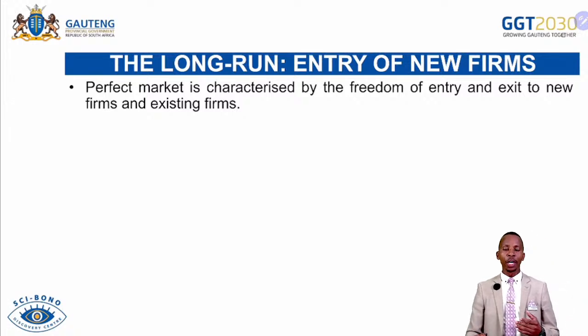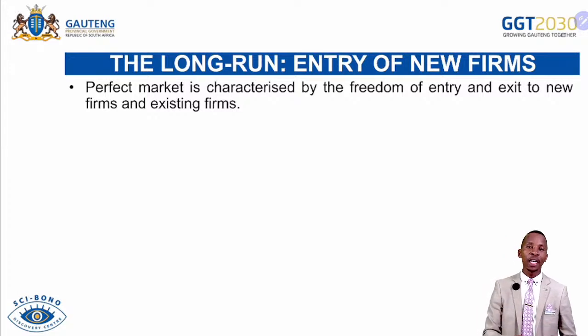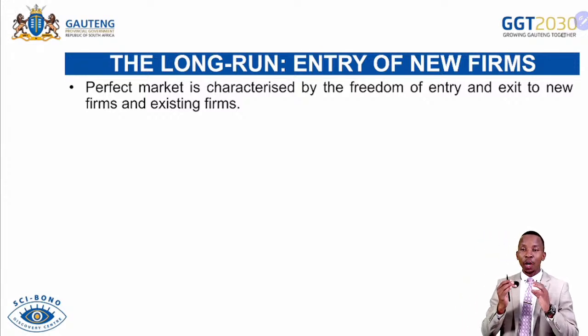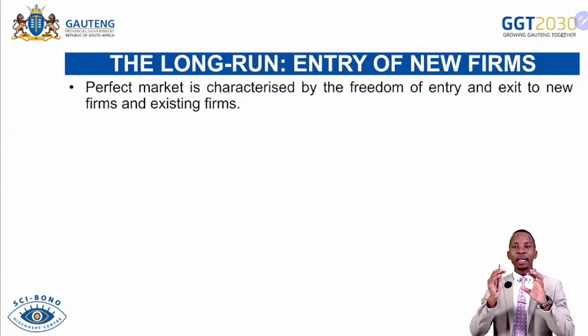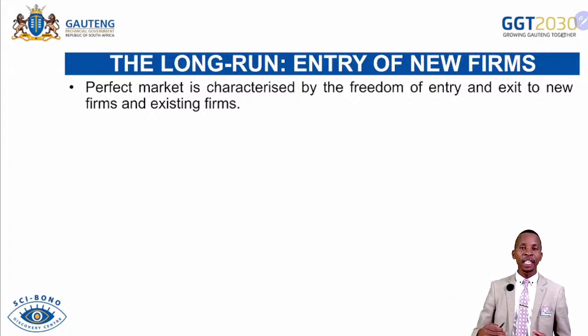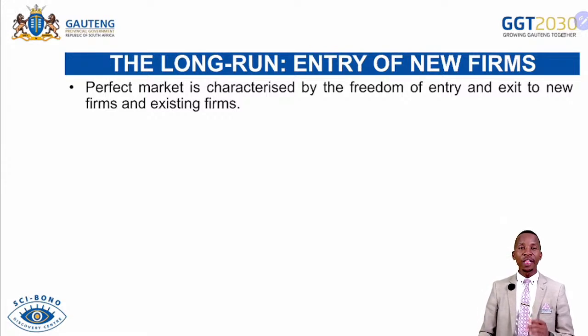And then we move to the long run equilibrium position. Still, if firms are entering the market, what happens? If new firms are able to enter the market within the perfect market, what happens? The supply within the market will always increase because there are many firms entering the market to compete. So the supply within the market will increase on the first graph.